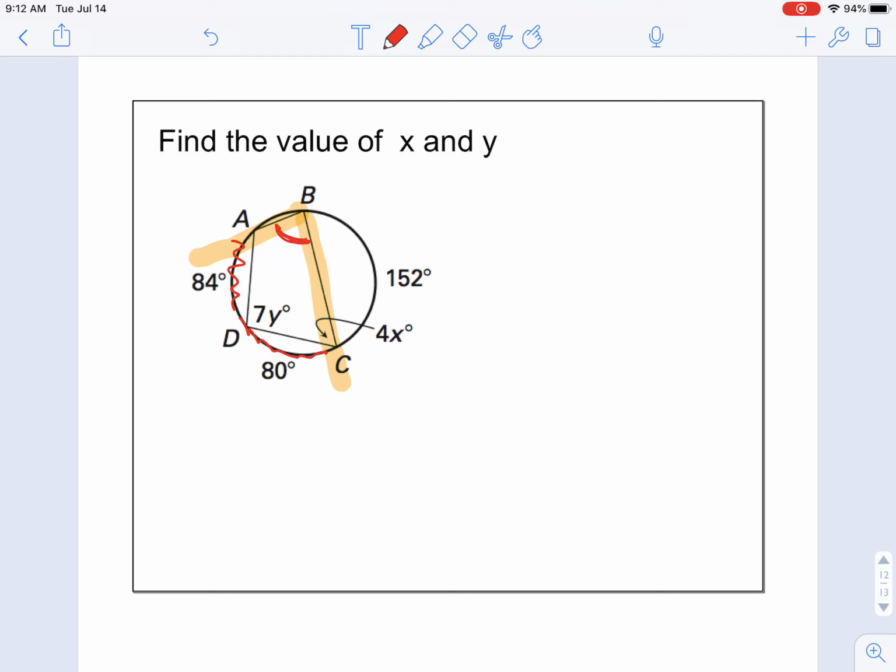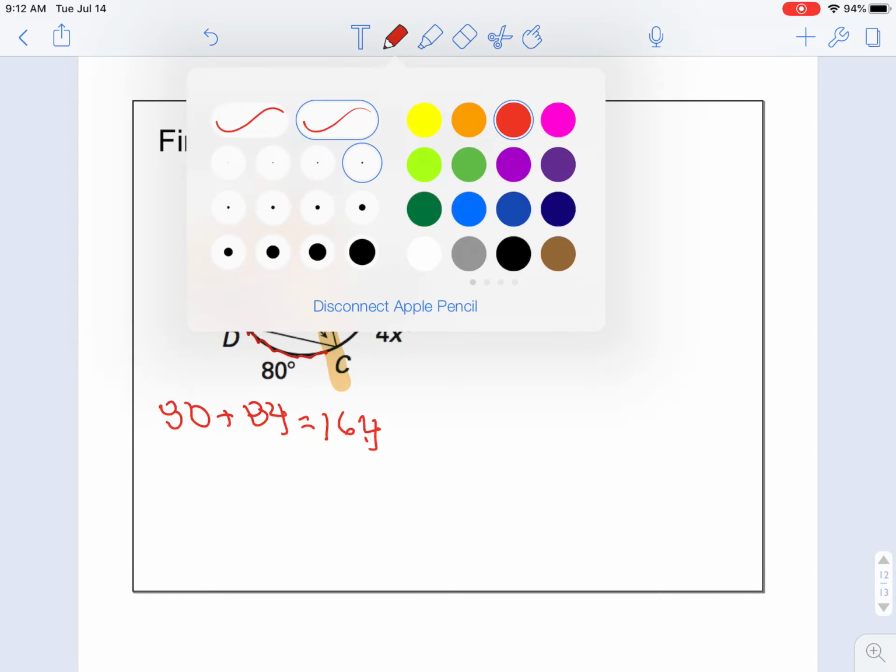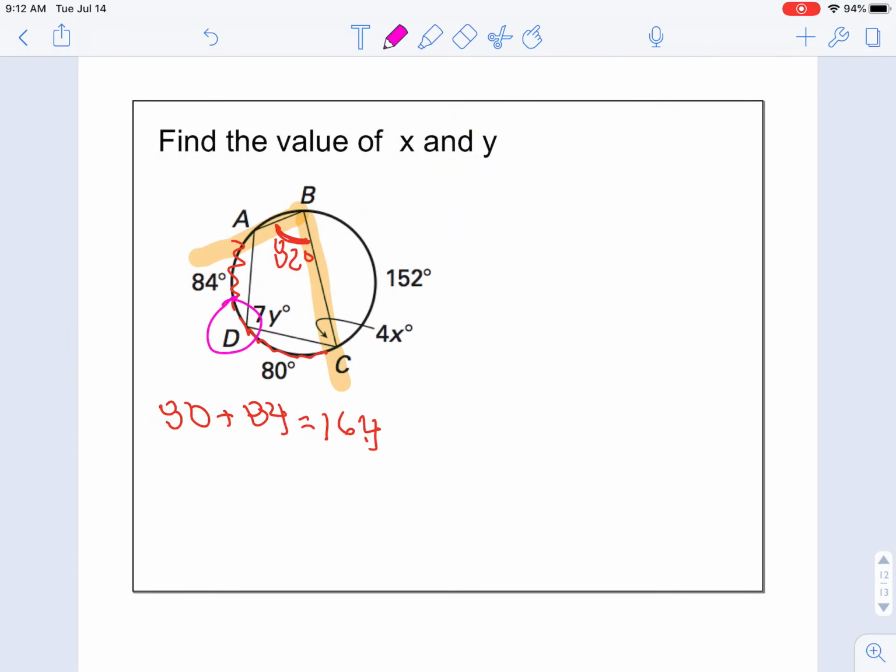So I know that this angle measure is going to be half of its intercepted arc. Well, I know the intercepted arc is 80 plus 84, which is 164. So that makes this angle half of 164, which is 82. So this is 82 degrees.